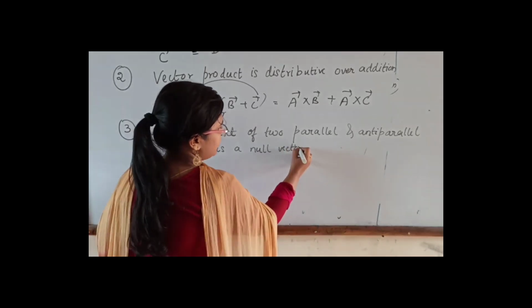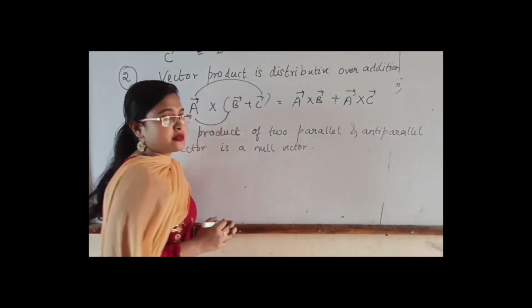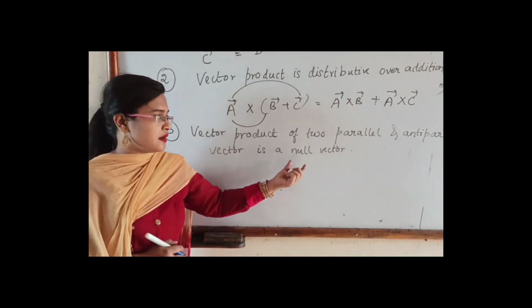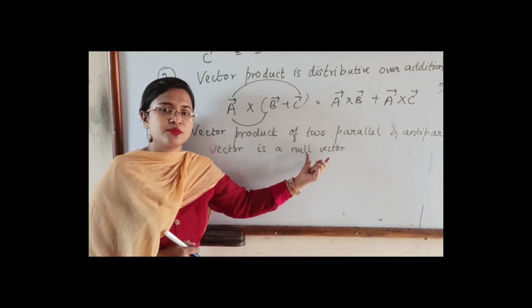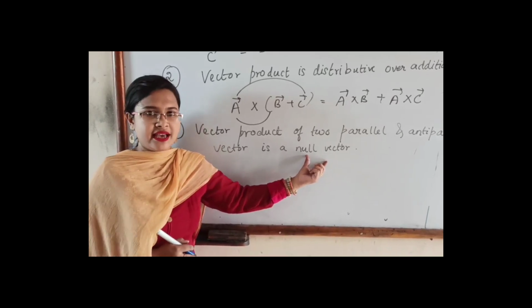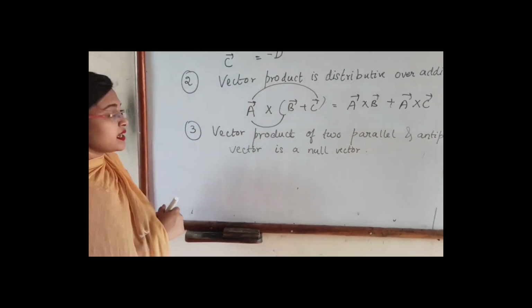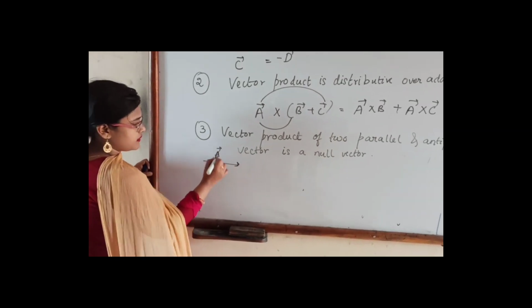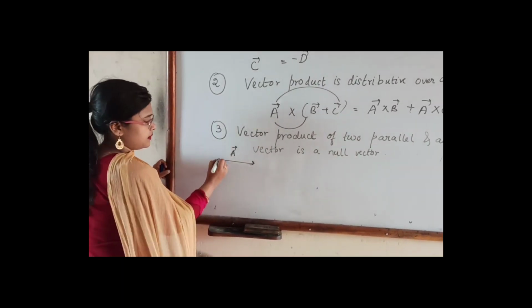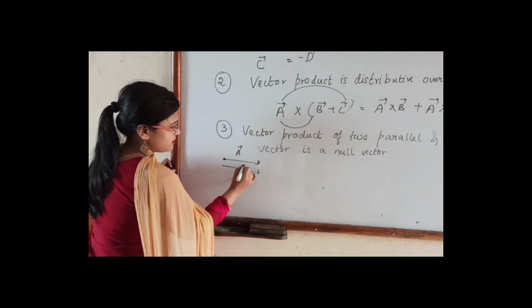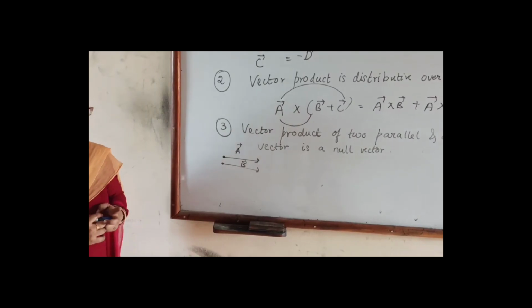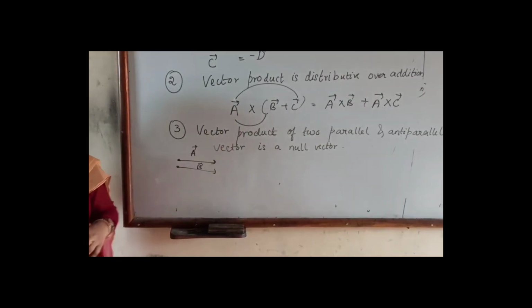You are all acquainted with a null vector. I don't say that it is a zero. Zero means scalar quantity. I must say it is a null vector whose magnitude is zero, but it has some direction. Clear? If two vectors are there, vector A and vector B, and they both are parallel to each other, and I wish to find the vector product of these two vectors.